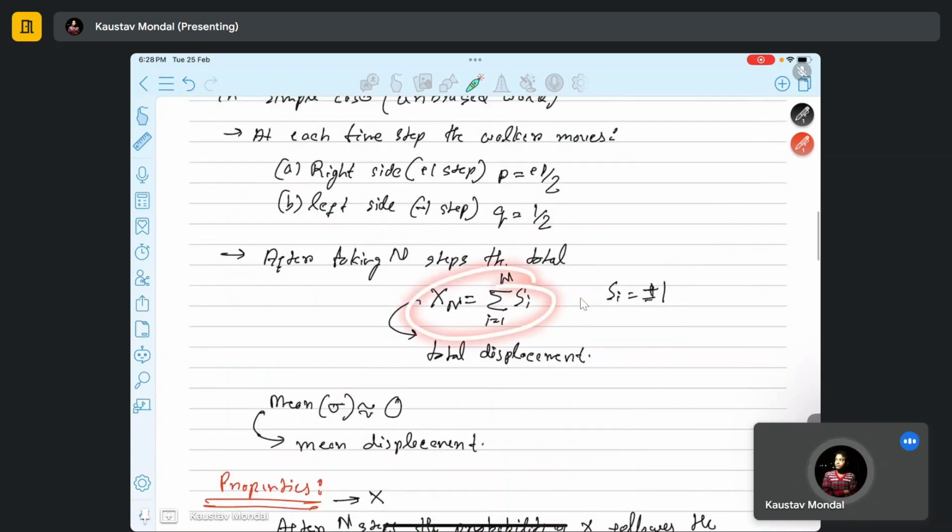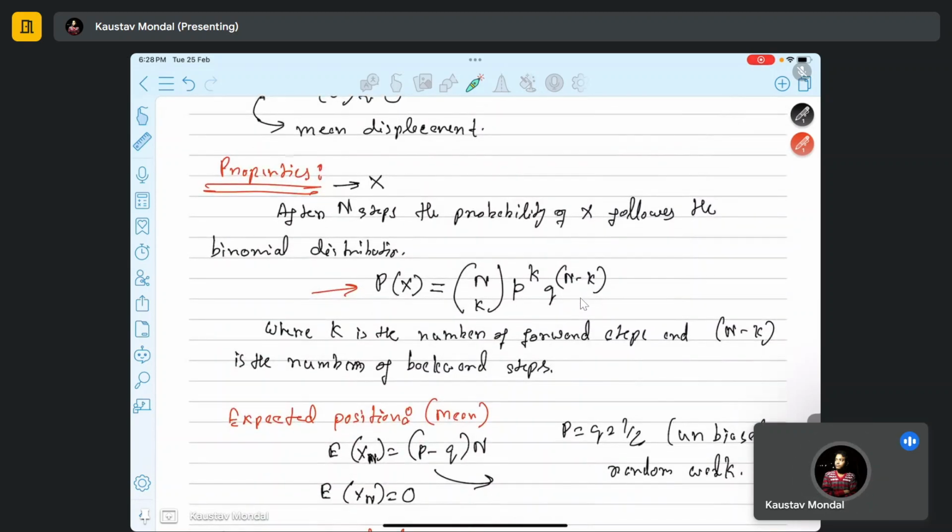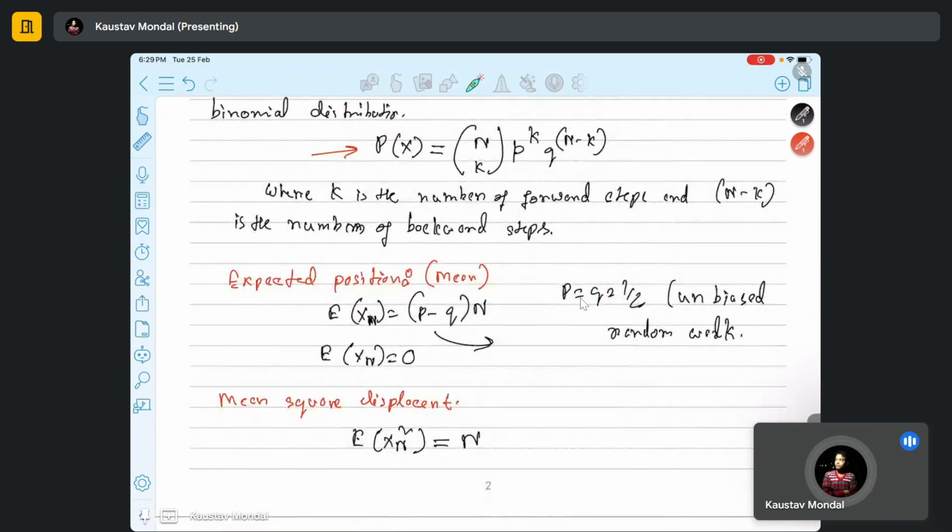After taking n steps, this will be the total displacement. Some properties: if out of the n steps, k steps are forward and n minus k are backward, then the probability follows a binomial distribution, and this is the functional form of that distribution. Next comes the mean. The mean of the distribution is simply (p minus q) into n.